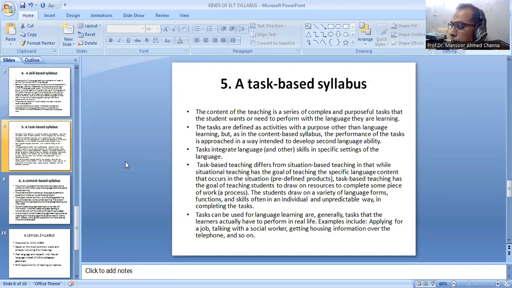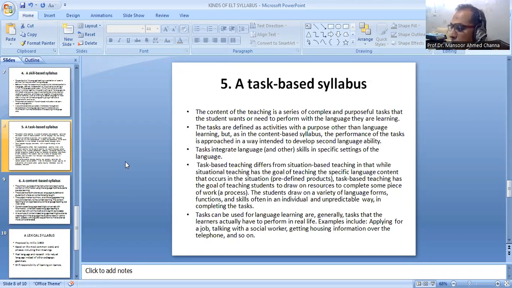Task-based teaching differs from situational-based teaching in that while situational teaching has the goal of teaching the specific language content that occurs in the situation, a predefined product, task-based teaching has the goal of teaching students to draw on resources to complete some piece of work, a process.